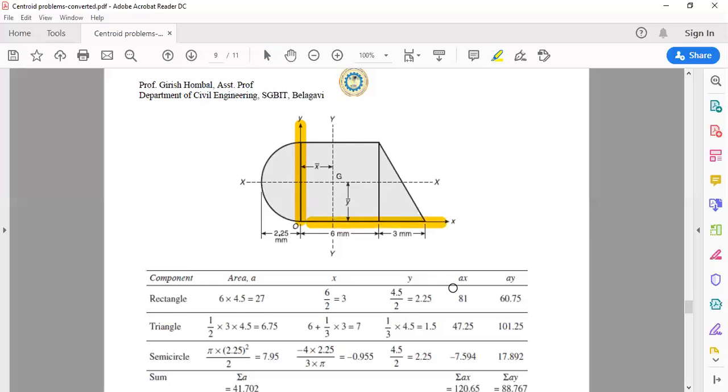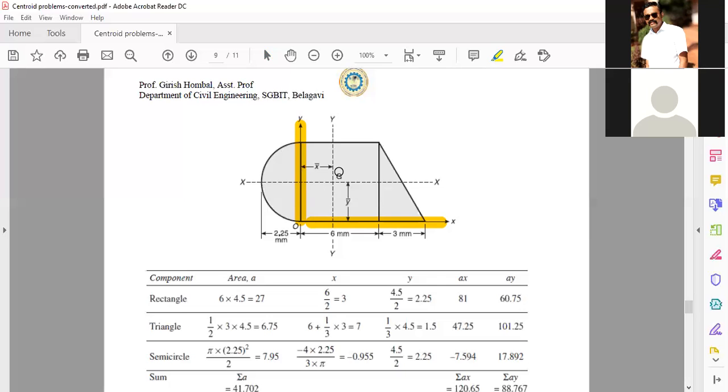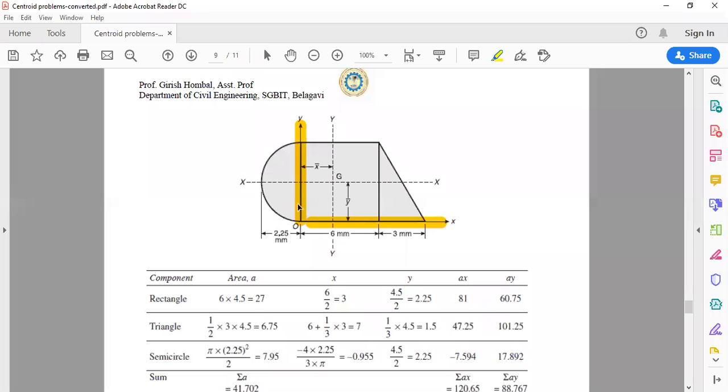In this diagram, some portion is to the left of the y-axis, and some portion is to the right of the y-axis. Let us see what actually happens in such cases, and how we are going to solve the problem.